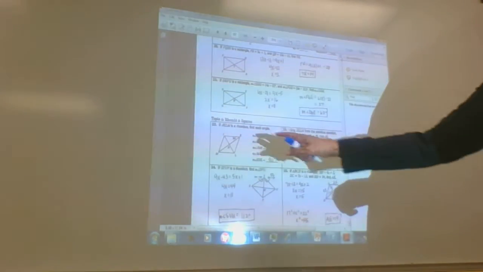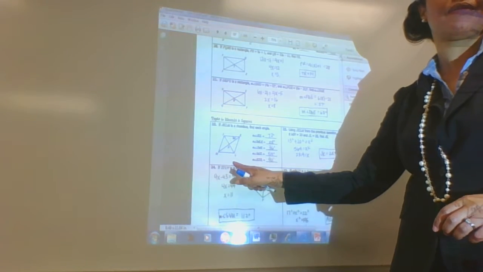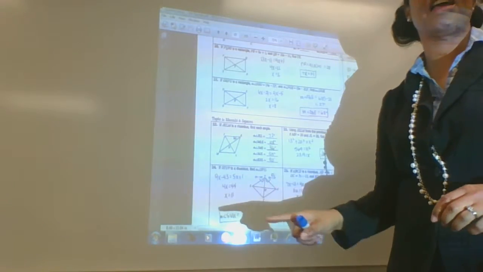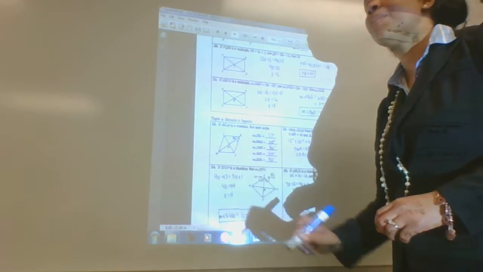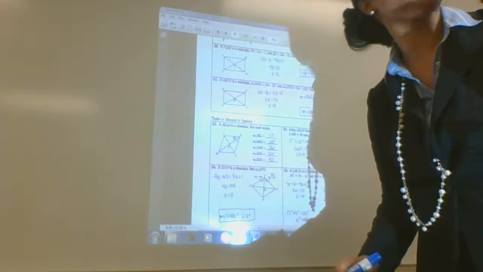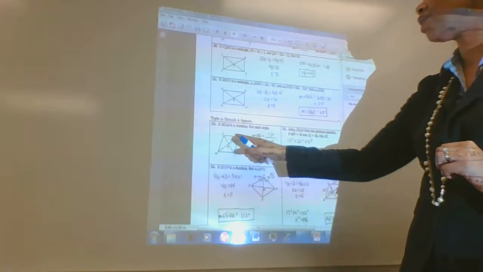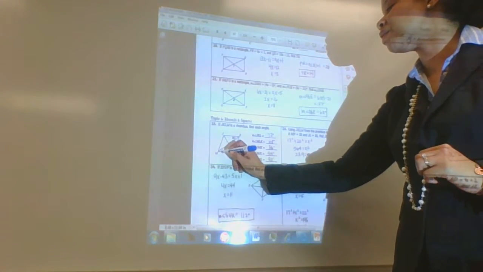So here, JKL. How do we find JKL? You got to add 36 twice. That's right, because we do know that in a rhombus the opposite angles are bisected, correct? So this is 36, and these are 36.